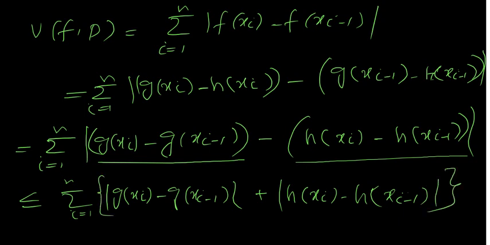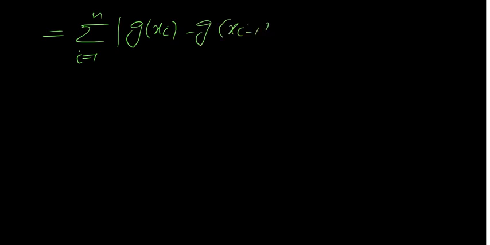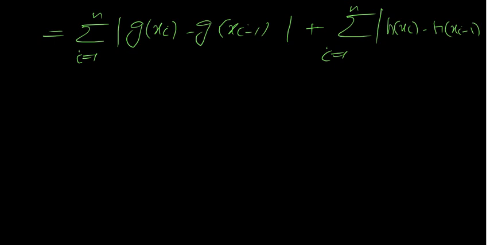Now we can separate this sum. This is equal to the summation i runs from 1 to n of mod of g of xi minus g of xi minus 1 plus the summation i runs from 1 to n of mod of h of xi minus h of xi minus 1.